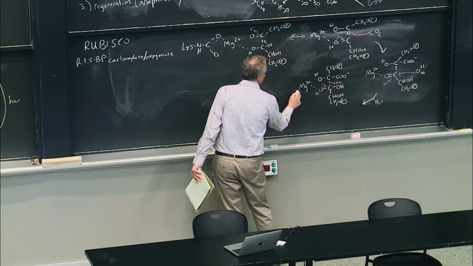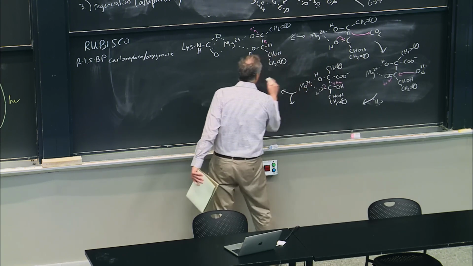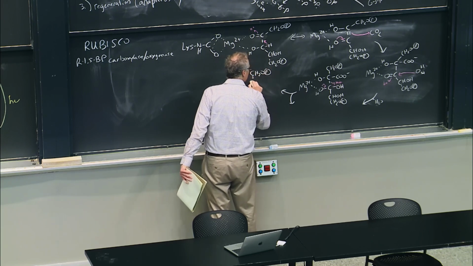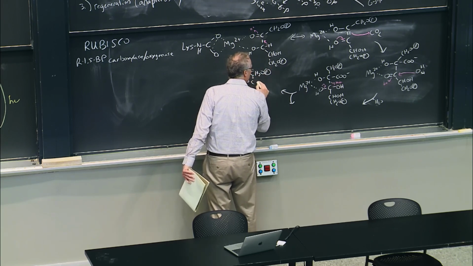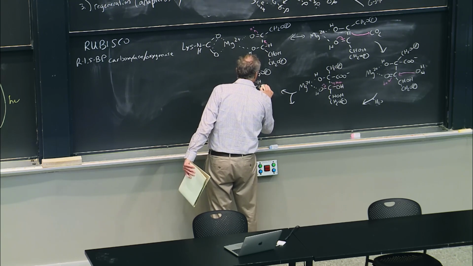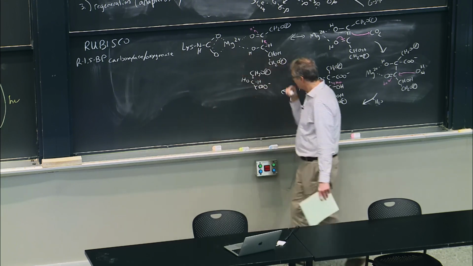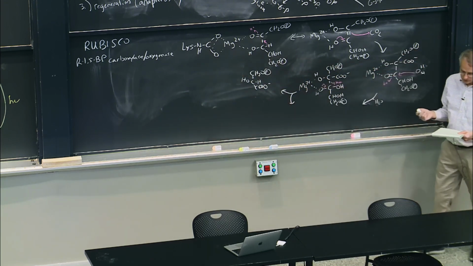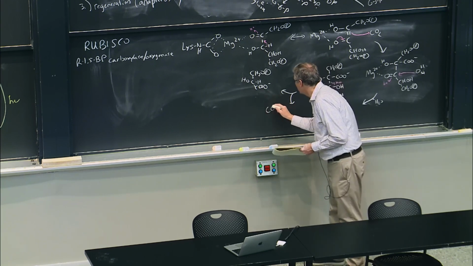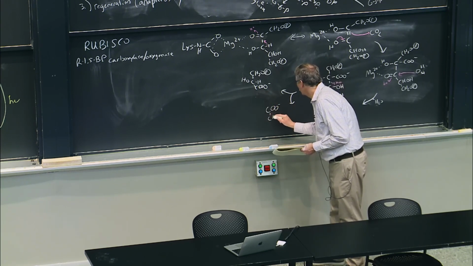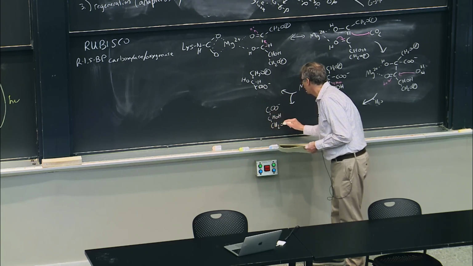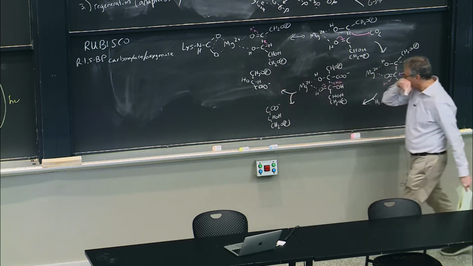And then ultimately what we are left with from the top half of the molecule, we get one 3-phosphoglycerate molecule, and on the bottom part also get a 3-phosphoglycerate molecule.